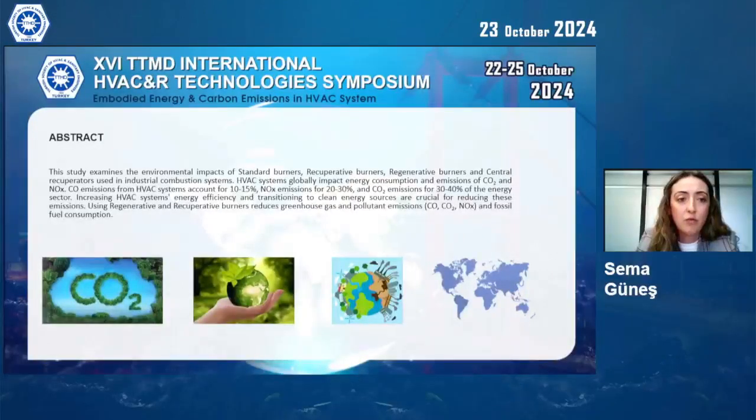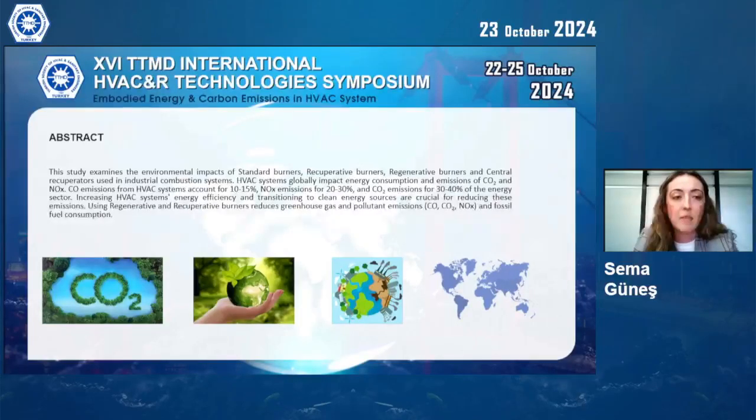The focus of this research is on reducing emissions and improving energy efficiency in industrial combustion systems. As we know, HVAC systems are critical in both energy consumption and emissions, contributing to a significant percentage of global carbon dioxide and NOx emissions.